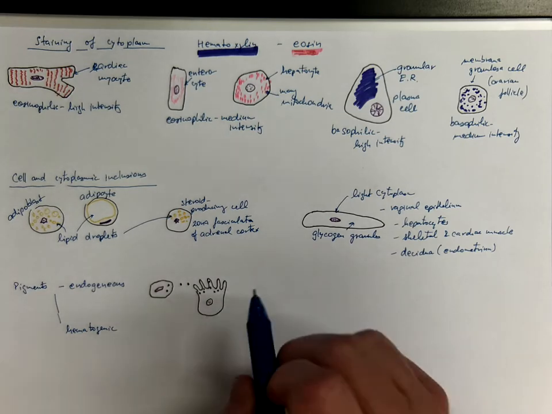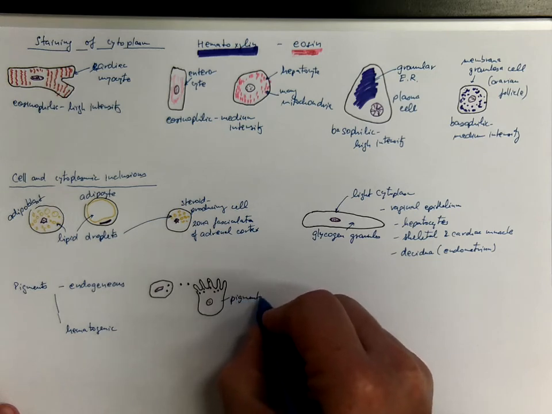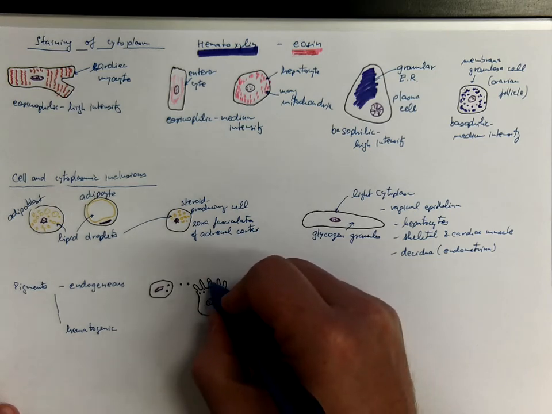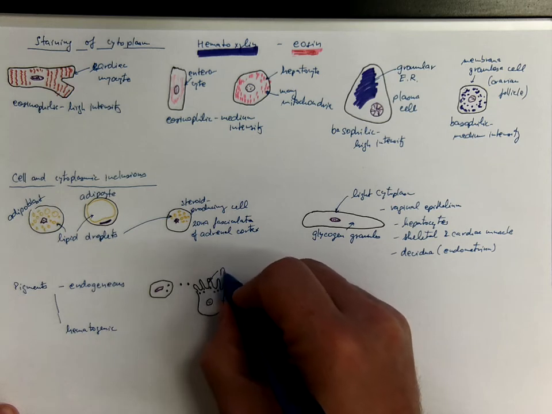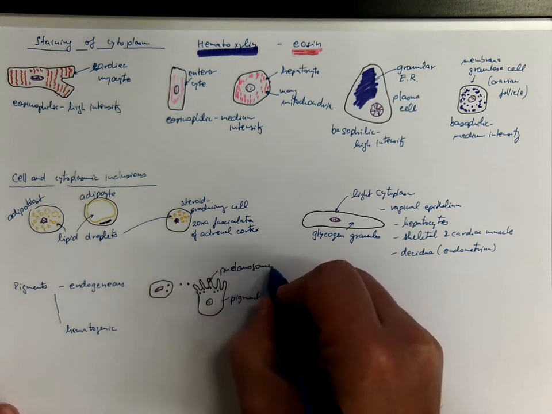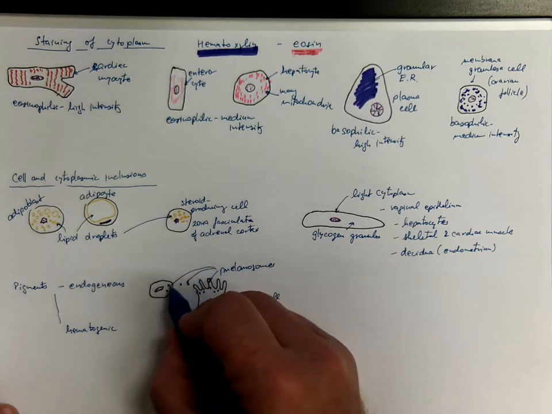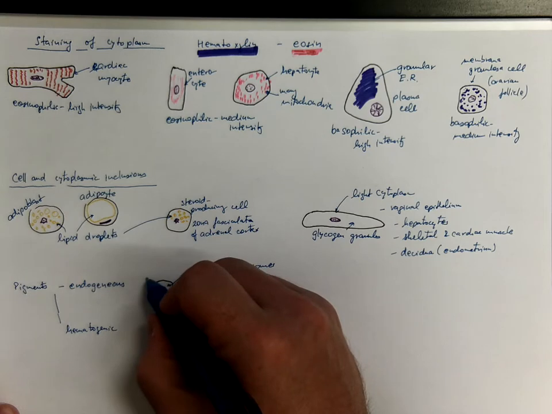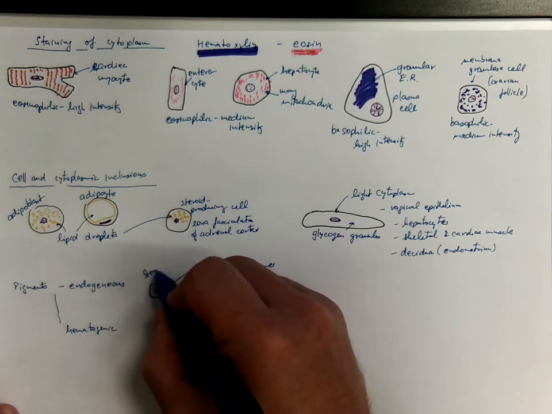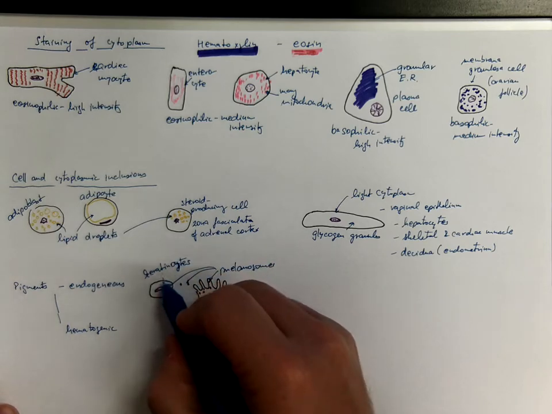So if this will be a pigment cell producing the melanosomes, these pigment bodies, they will be accumulated by adjacent cells called keratinocytes of the epidermis of human skin.